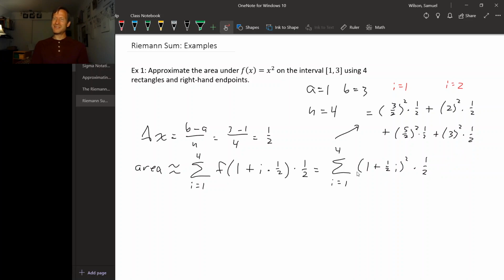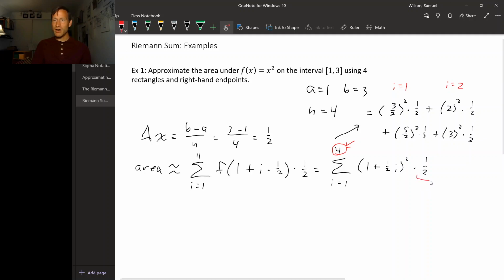I want to evaluate this in a slightly different way, because the only reason it's practical to write out this sum explicitly is because there are only 4 terms. You can imagine that if we wanted to do this with this 4 being much larger, we wouldn't want to write out all of these terms because it would take too long. Instead, we can use the properties of sigma notation that we figured out.